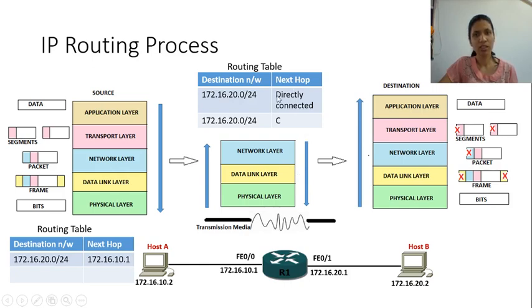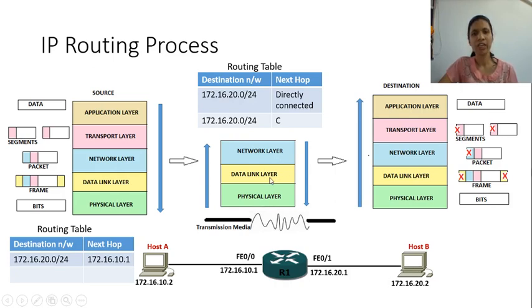The network layer is going to send the next hop MAC address, after ARP resolves the next hop, which is host B itself, to the MAC address. So basically the network layer here is going to send the packet along with the MAC address of host B to the data link layer.